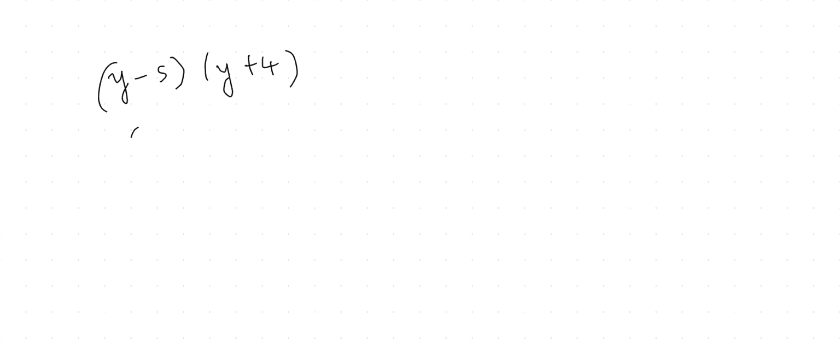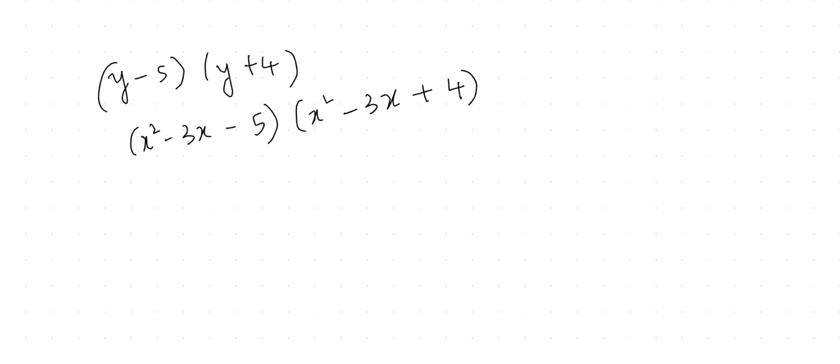X square minus 3x minus 5 into x square minus 3x plus 4. Okay. Now, we have got two factors, rather two quadratic trinomials. We are multiplying them and we are going to get back that original thing, that is the sum, x square minus 3x into x square minus 3x minus 1 minus 20.